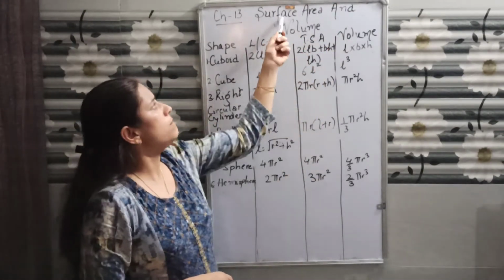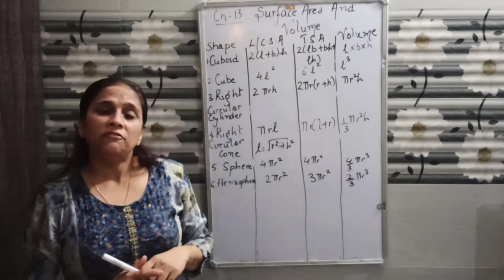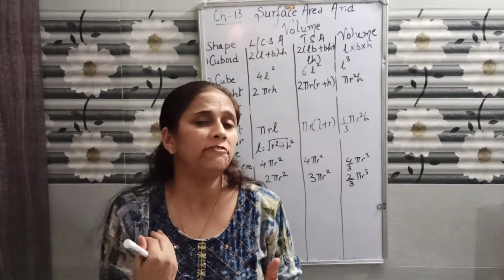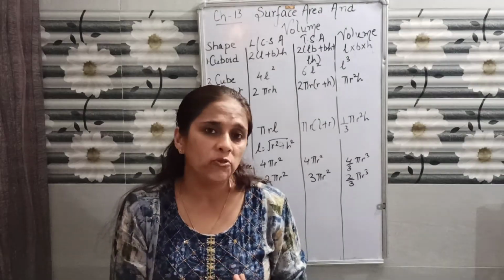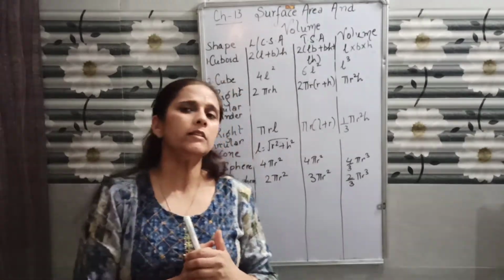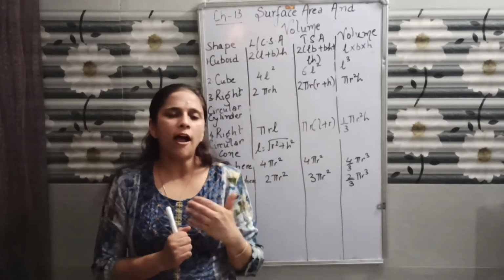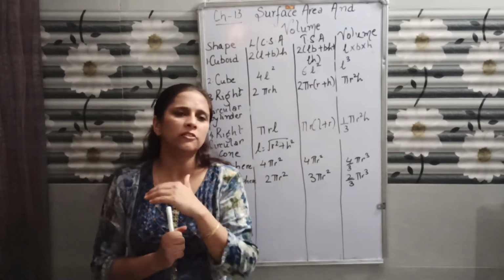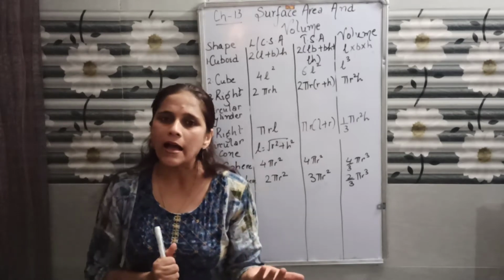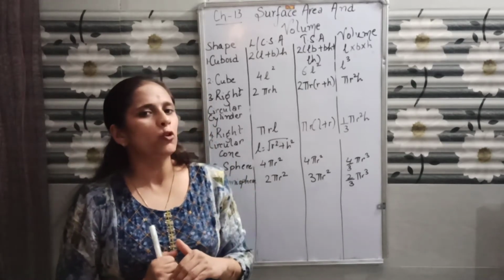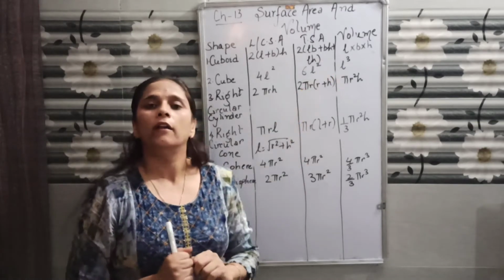Now what do we mean by surface area? Surface area includes the area of all the faces of a solid object together. For example, if you have a cube and you have to find the total surface area, a cube has 6 faces, so the total surface area of a cube is 6L square.